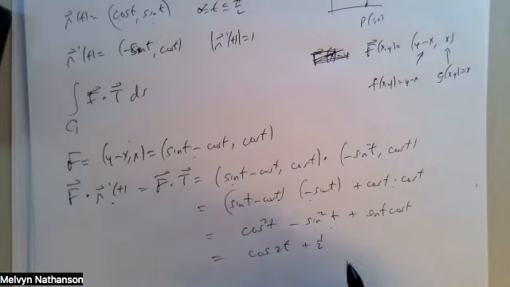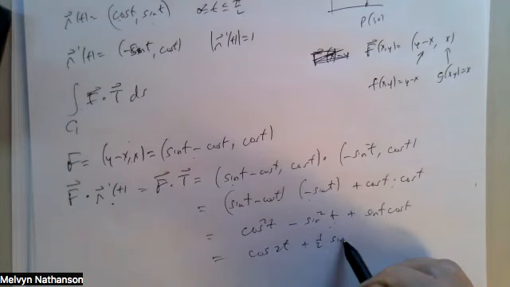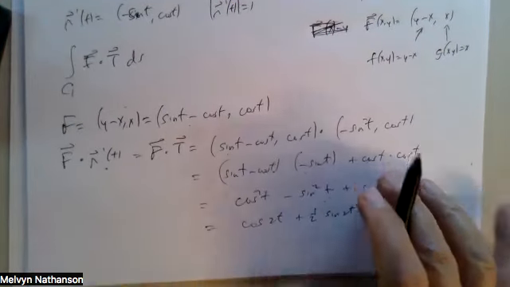Yes, this is right. This is cosine 2t plus a half sine of 2t.